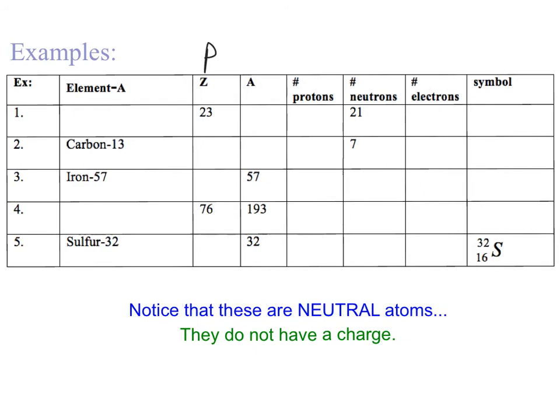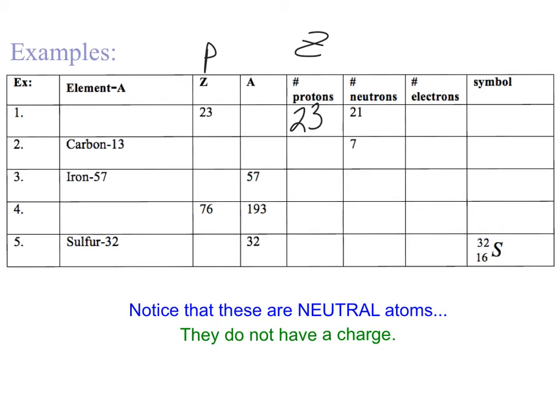So just so that I can be super clear, I'm going to write P over my Z column and Z over my proton column so that I can remember that whatever number is in my Z column should be the exact same number in my protons column. Because remember, the atomic number Z is always the same as my number of protons. So if I have a Z of 23, I know that I have 23 protons.